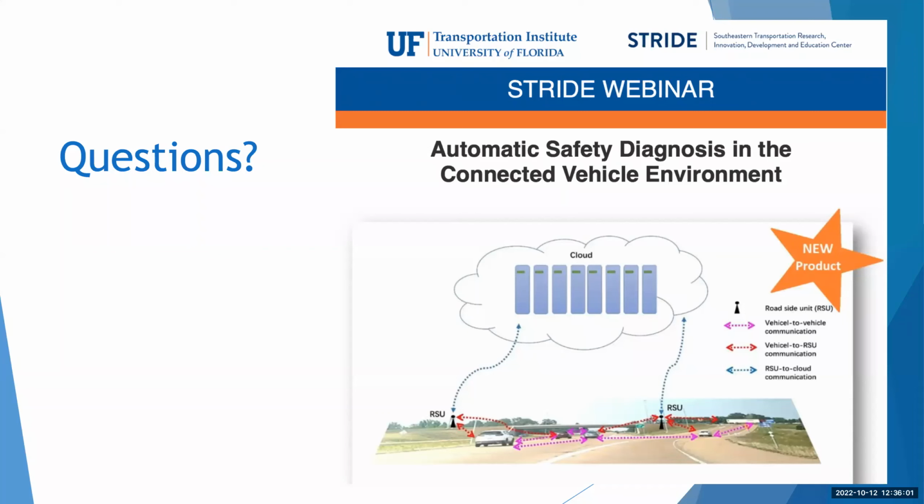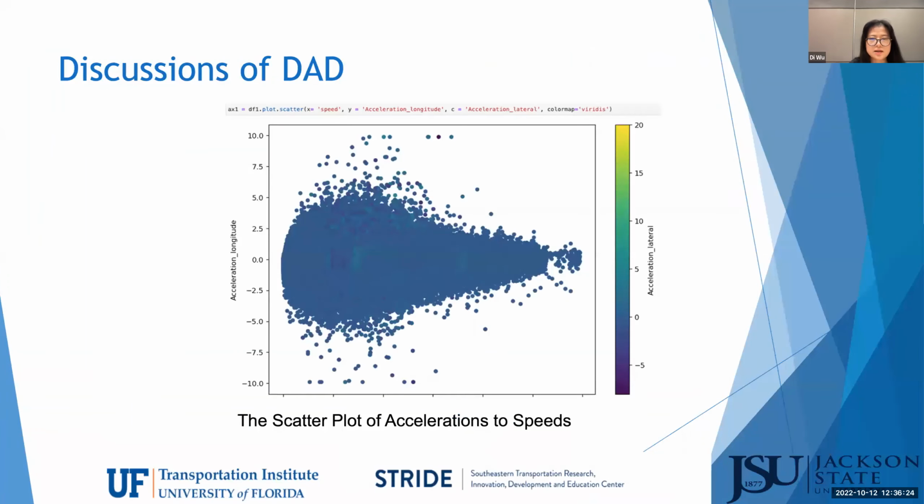The first question is, which variables were considered for the determination of abnormal driving status? Dr. Tu, can you put the slides to number 16?